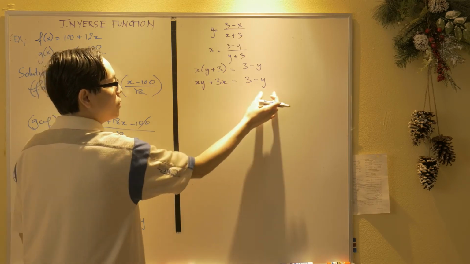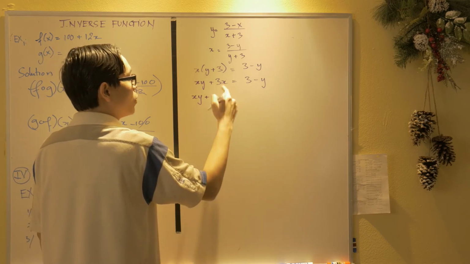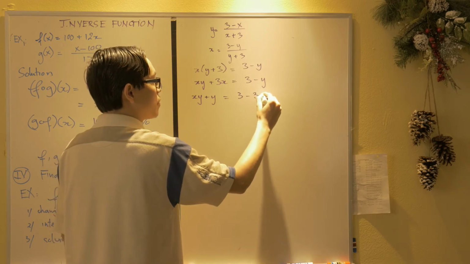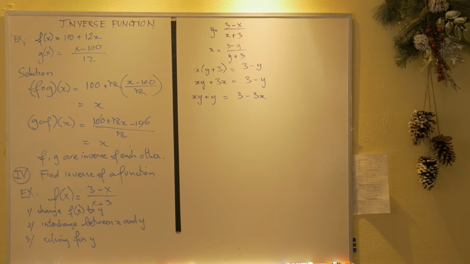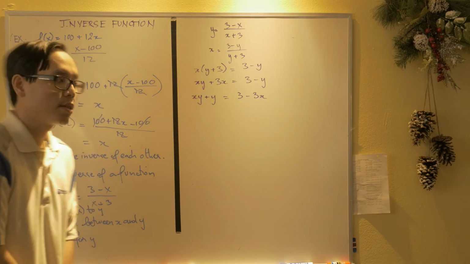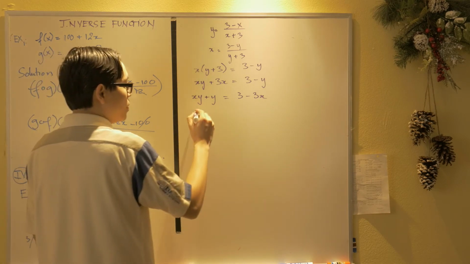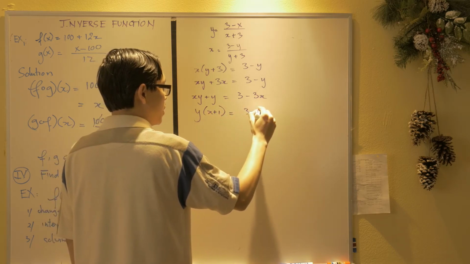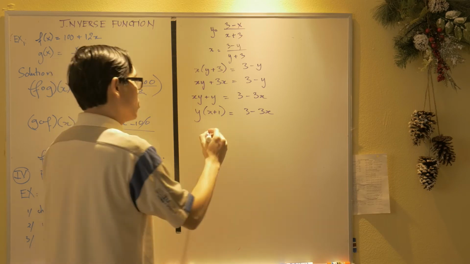We're going to move them together, so I have xy plus y, and all the terms that have no y move to the other side. So basically I add y to both sides and subtract 3x from both sides. Then you see there's a y in common, so I factor it out. Then in order to get y, you just divide both sides by x plus 1.